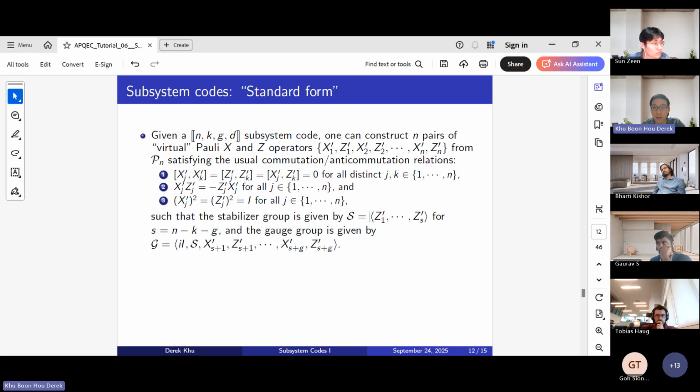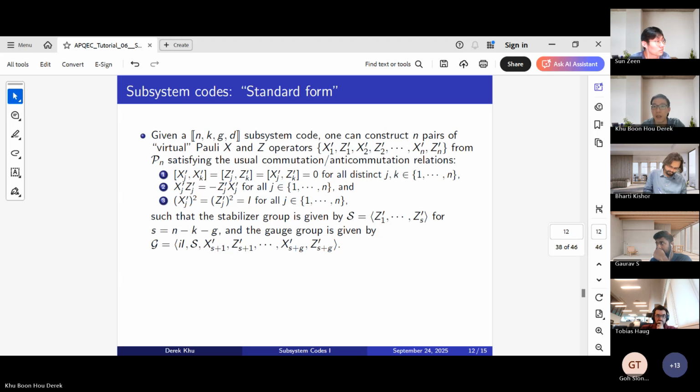So S is just S number of commuting operators, which we denote by C1' to CS'. And then the gauge group will be given by i times the identity together with these S operators, and then we would find another g pairs of anti-commuting operators. So this would be the structure of the gauge group.